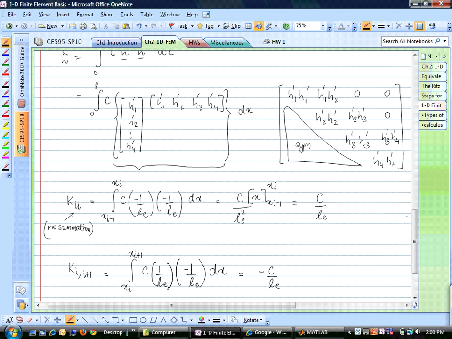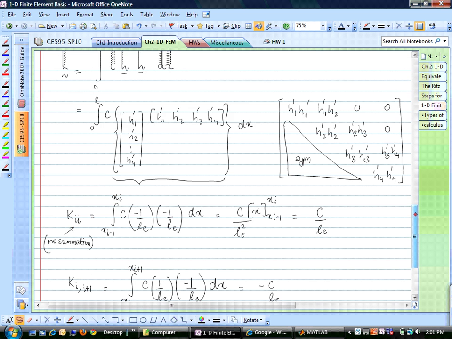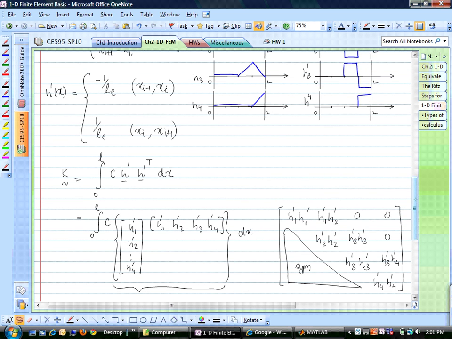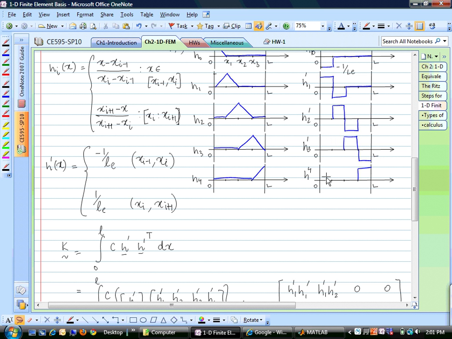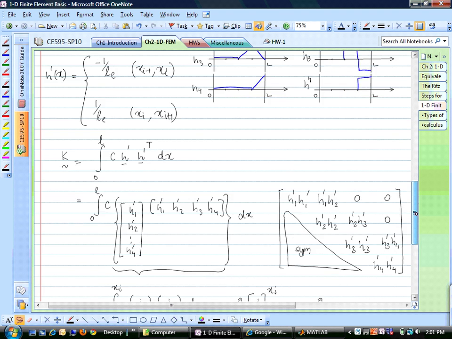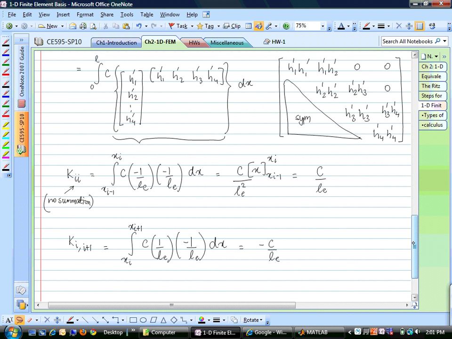And for the main diagonal terms, here what I did was integral from xi minus 1 to xi. If you're calculating for I, then you take the integral from I minus 1 to I, and similarly you also need to take the integral from I to I plus 1. So actually this term will have a second part.